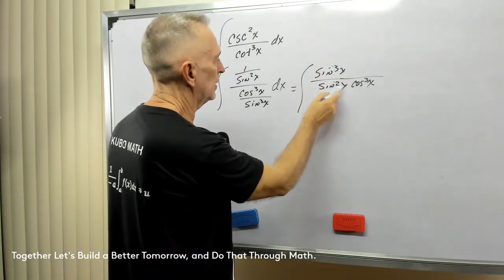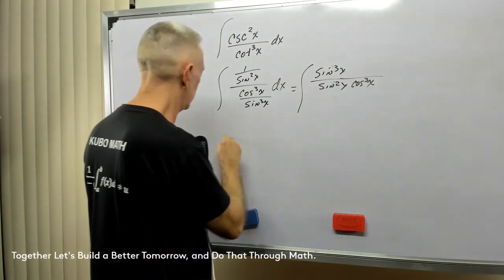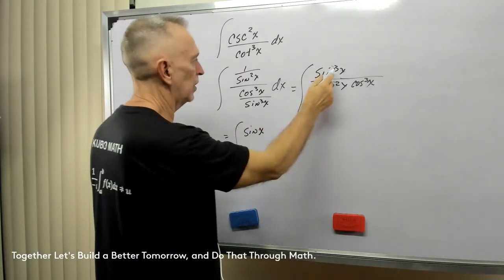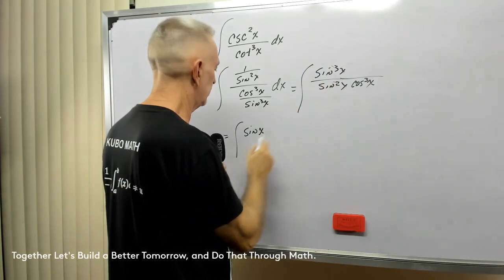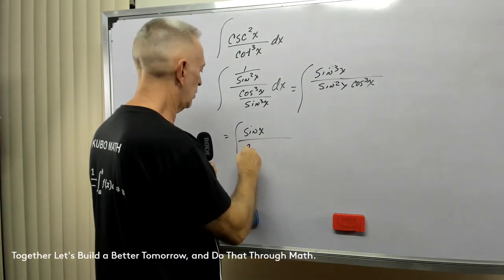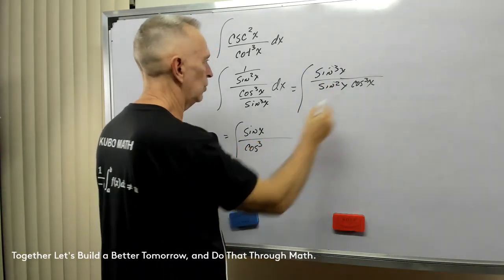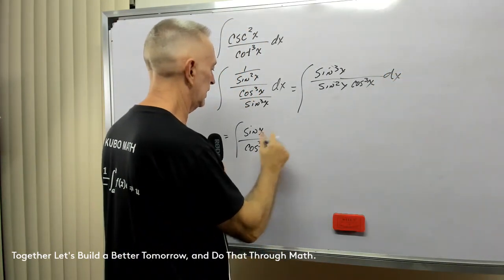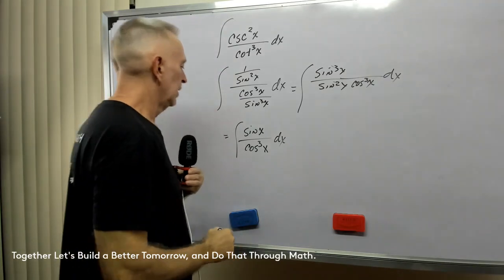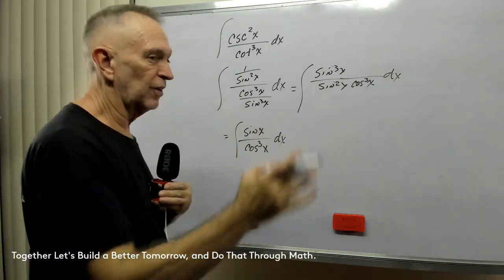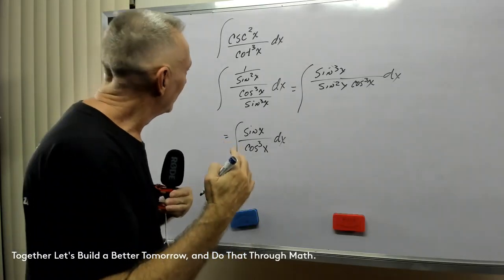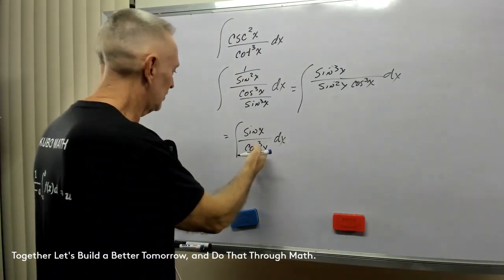Well, the sine cubed and sine squared cancel, except I'm left with sine x in the numerator, because I have 3 of them here, 2 of them there, times cosine cubed x dx. Okay, we haven't integrated yet. We've just gotten it to a different form.